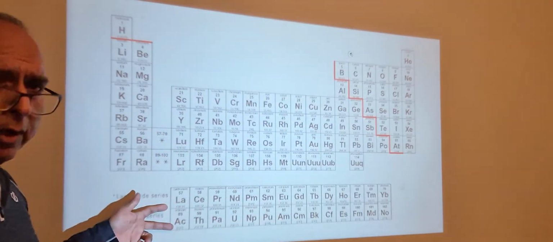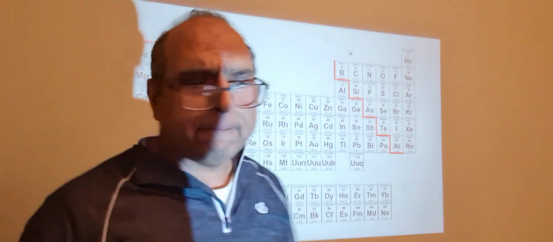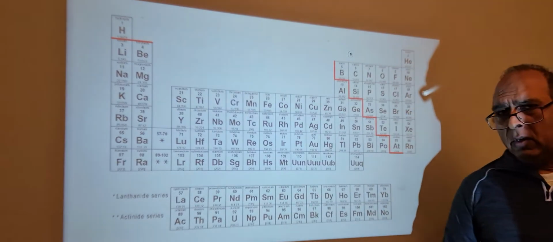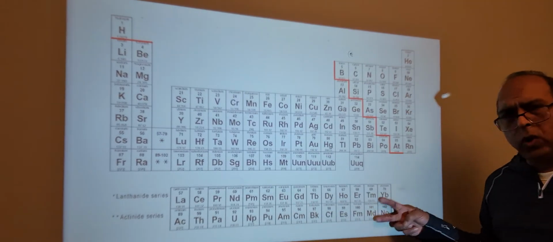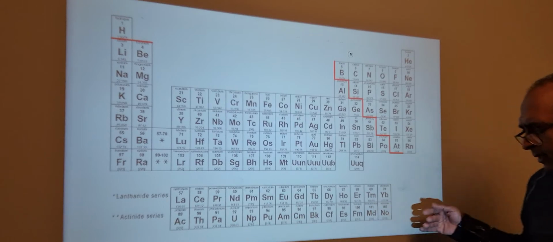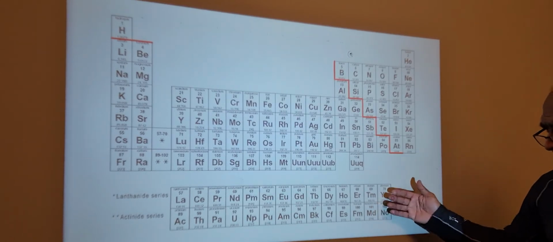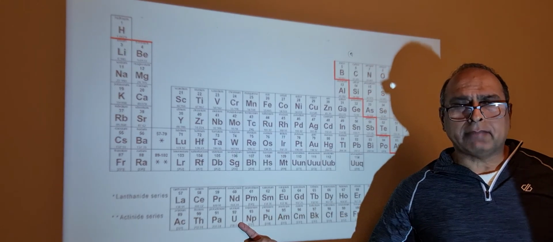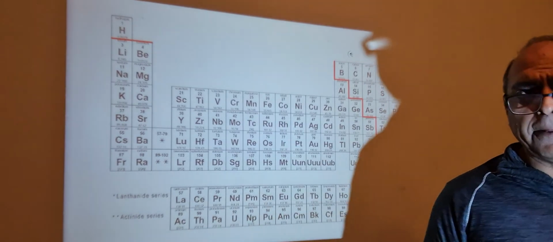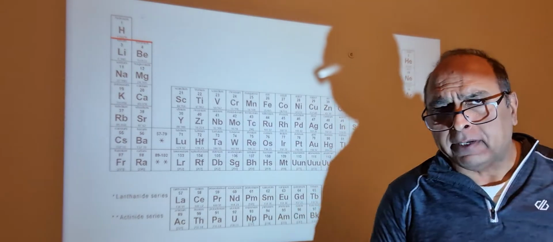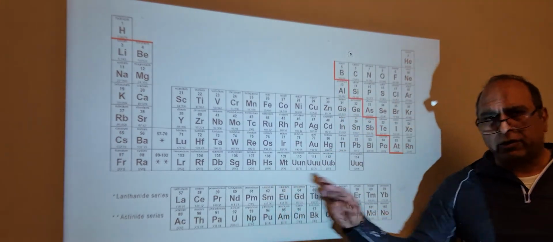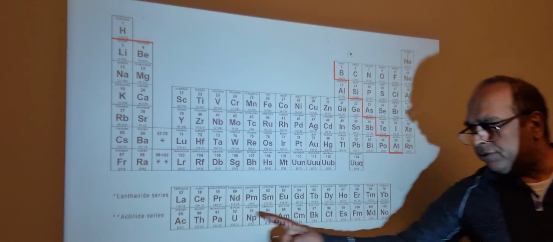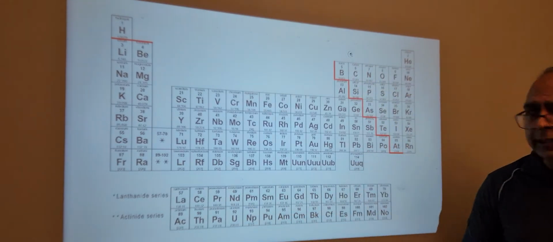We simply write them at the bottom so that we can fit the whole periodic table onto an A4 sheet. You won't be asked any questions on this. Indeed, there's only one of these that I think is important for us. It is uranium. A lot of the nuclear industry is based around uranium. But the rest of them, you're not really going to come across at GCSE in any way, shape or form. Even uranium you're not going to come across at GCSE.